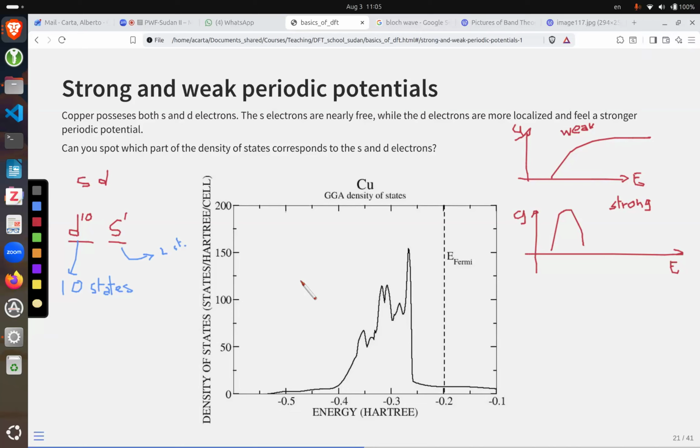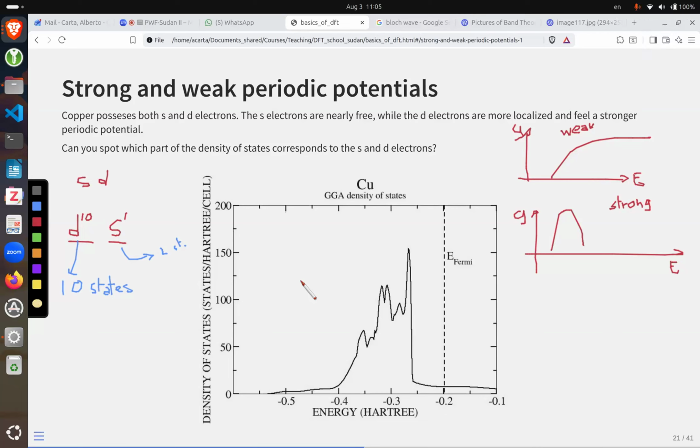Can I answer? Of course, please. Okay, from minus 0.5 till minus 0.4 there is S, because the number of states is very small. Yes, very good.